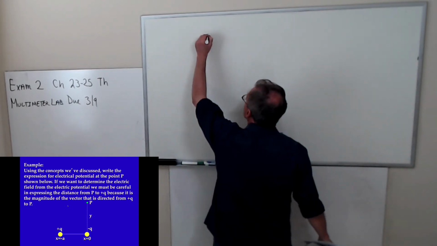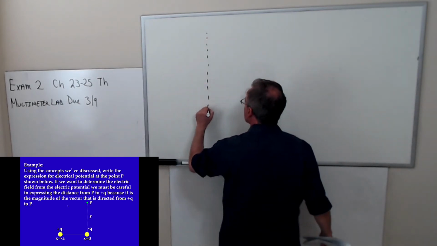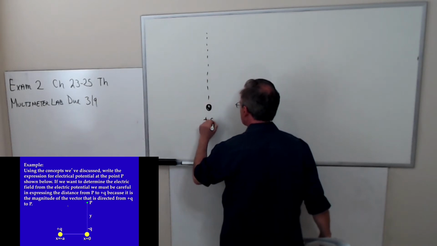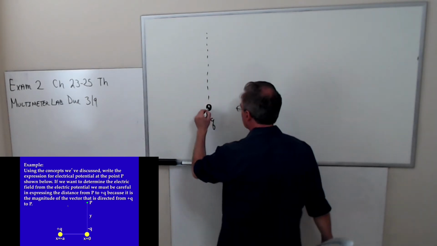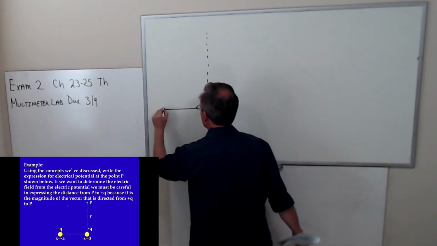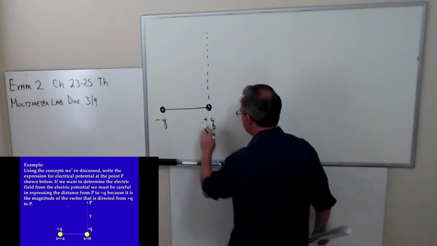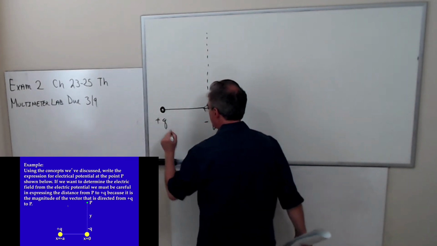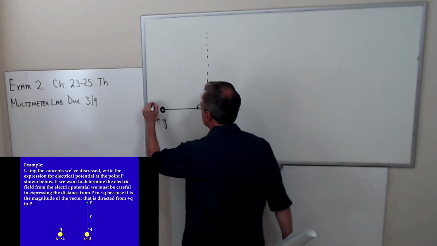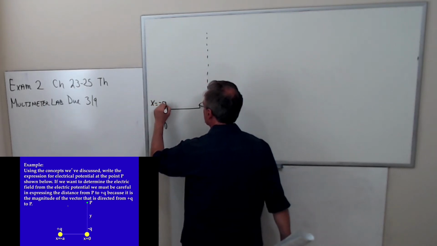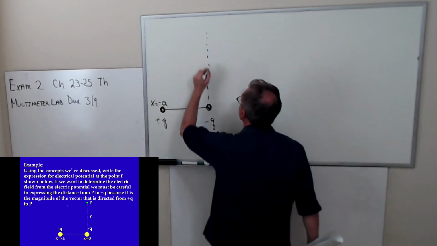Let me draw a picture. There's one charge here, and one charge here. Okay, this is x equals minus a, and this is x equals 0.